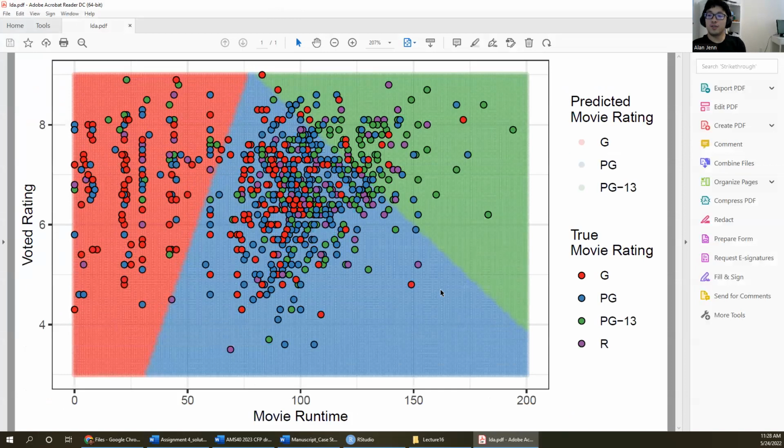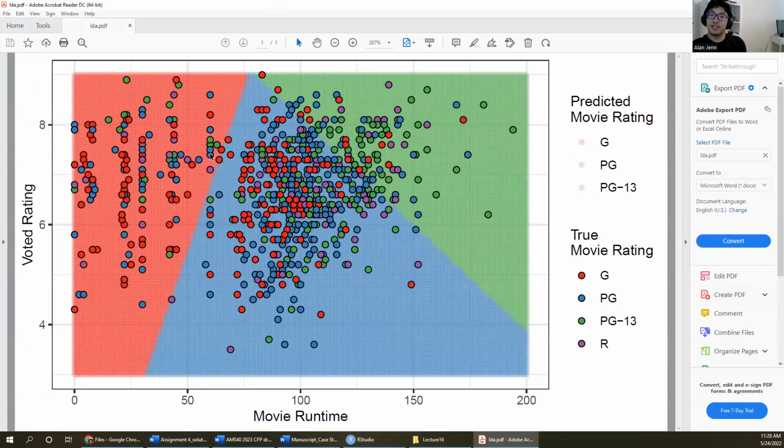So if you remember, the drawback of the logistic regression is that the boundaries that it draws have to be sort of linear. But in having that constraint, it allows us to interpret the relationships in a more straightforward way.